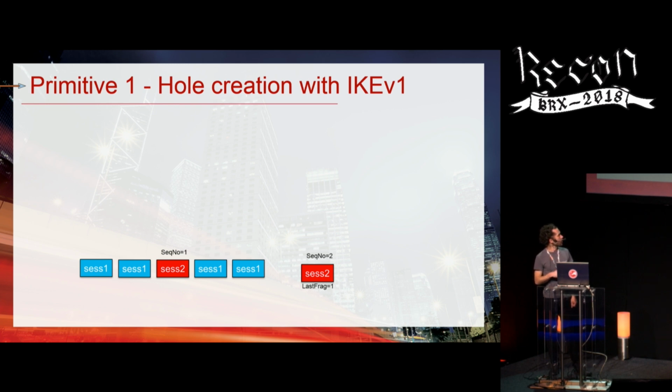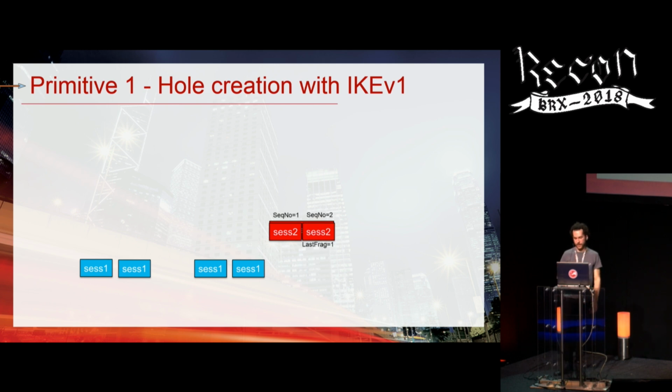Because we have 2 fragments in this session in red, sequence numbers 1 and 2, and this one has the last frag set, the reassembly for this session is going to happen. So it's going to allocate a buffer, and copy the 2 fragments into this reassembled packet.